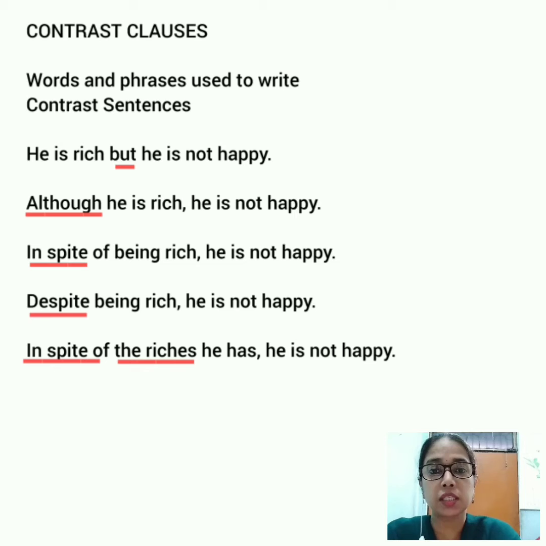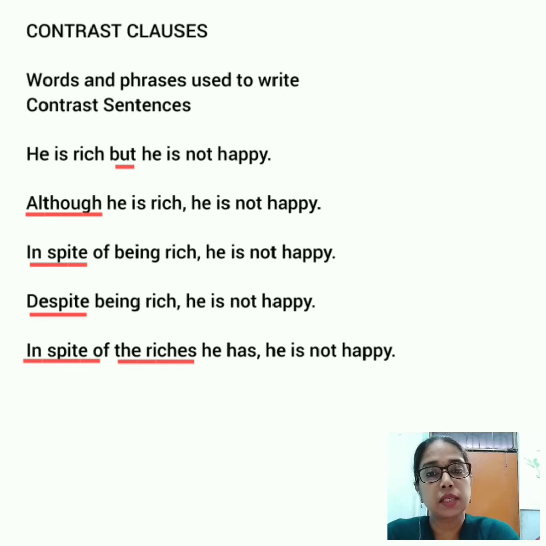Both the clauses are telling something opposite. Like he is rich but still he is not happy. So they are called contrast clauses, and they have been written by using the word but. Now in the exam you are asked mostly to write using the words although, in spite and despite.